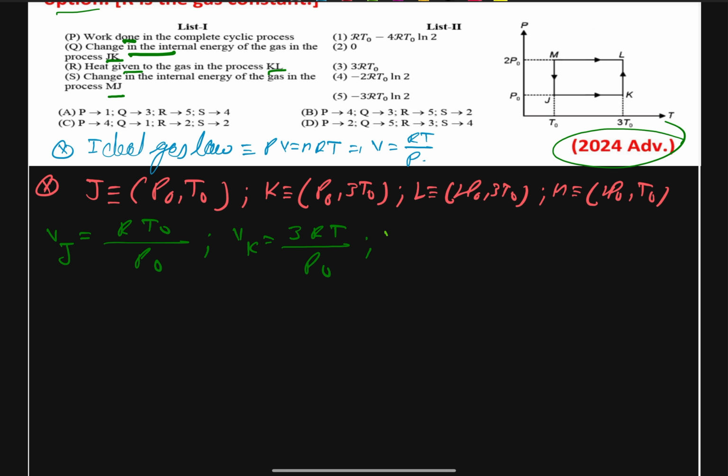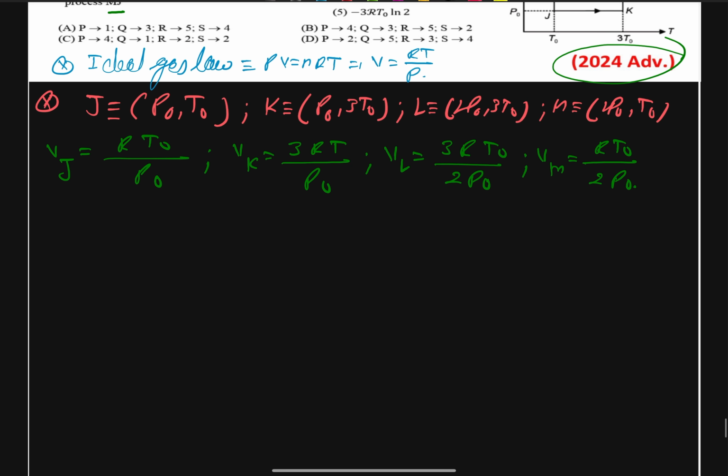For L, this will be 3R T naught over twice P naught. And finally for M, this will be R T naught over twice P naught. All this we can write in terms of J also, because V of J is R T naught over P naught.